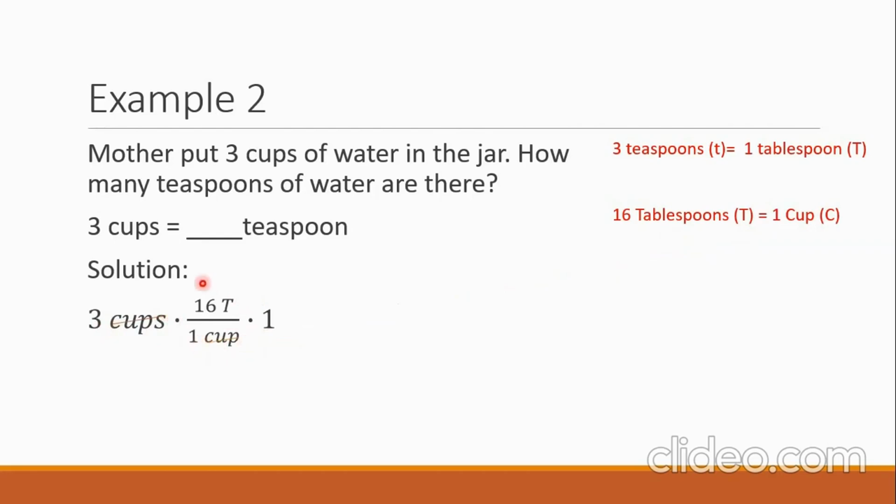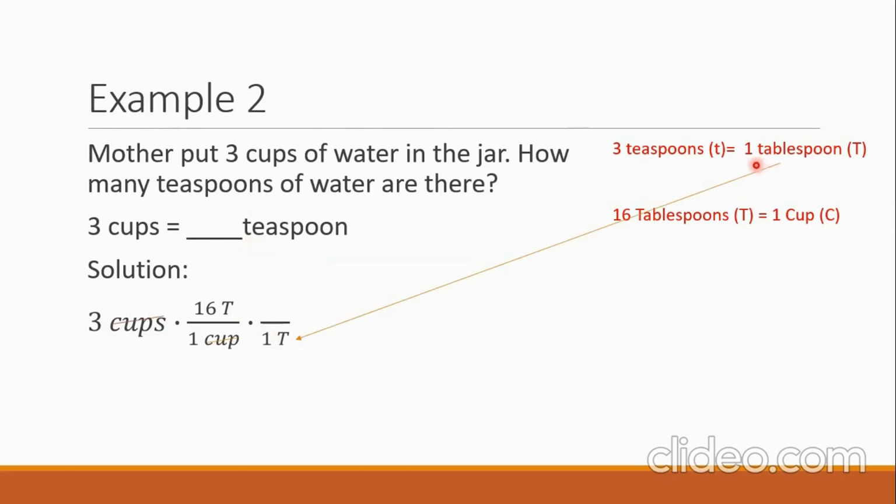So I am now remained with the capital T or the tablespoon unit. We want teaspoon. So there is another variable 1 that we need to replace by the first equation.